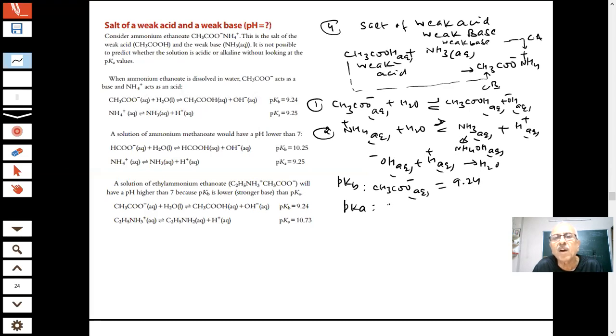The pKa of the ammonium ion is 9.25. Therefore, in this case, what will happen? Which is more? pKa is more than pKb. This is my pKa. How much is this? 9.25. pKa is more than pKb. And this is 9.24.